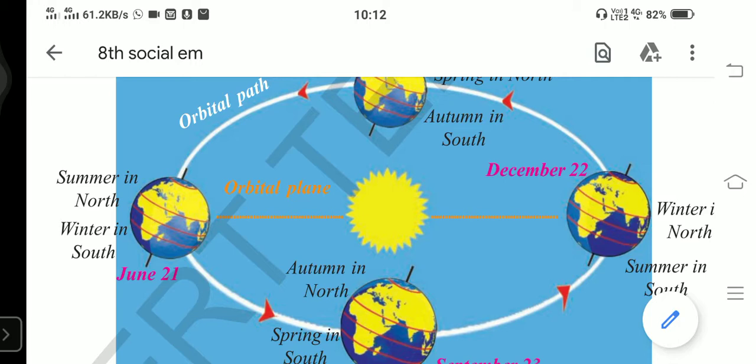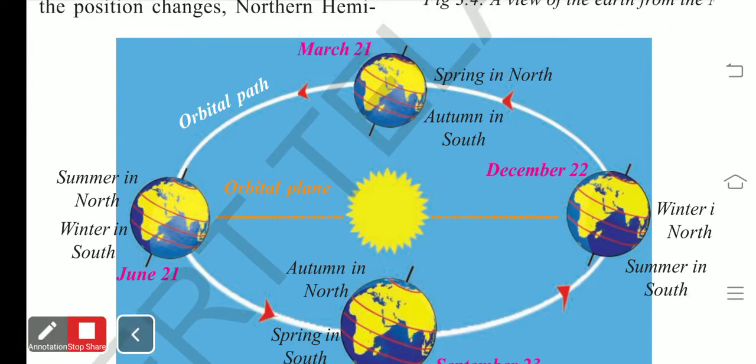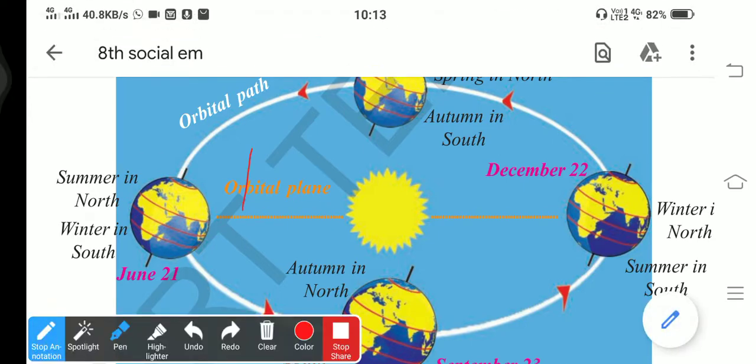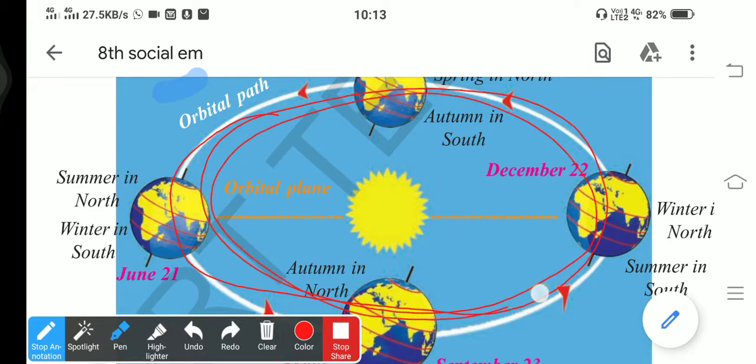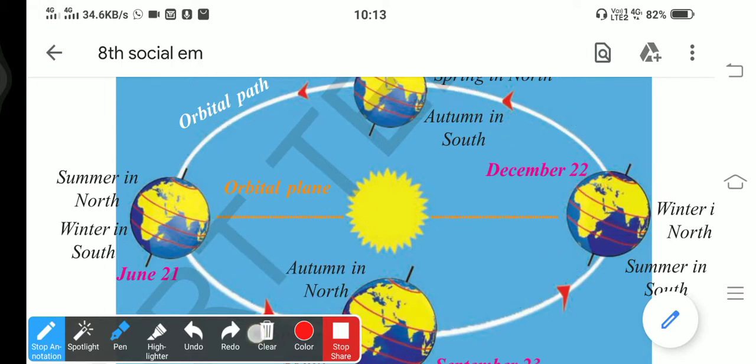Understand? Dear students, as the earth revolves around the sun while rotating, it is tilted to form an angle to the orbital plane. Let me show that this white path here is the way on which our earth is revolving around the sun.